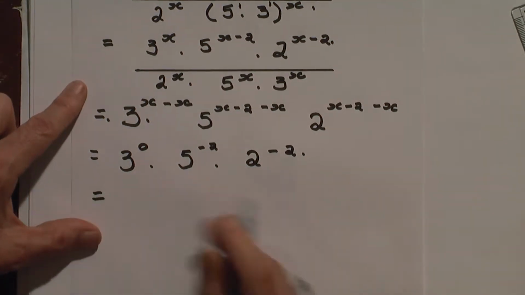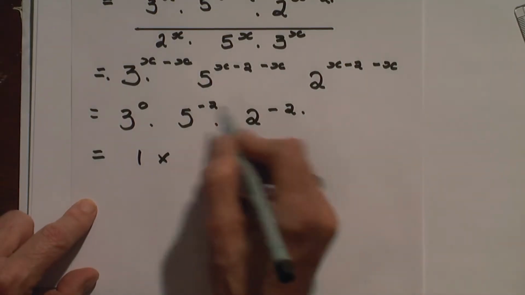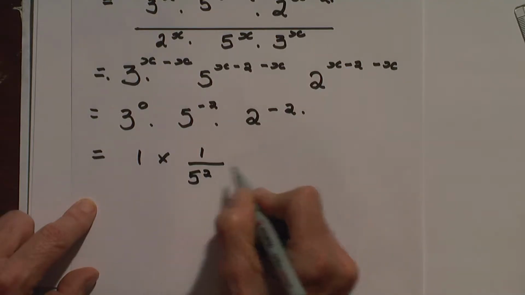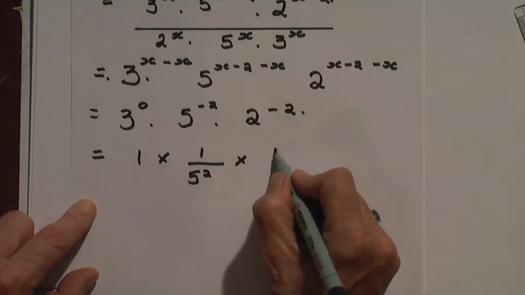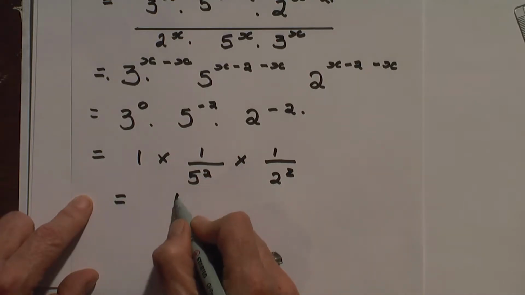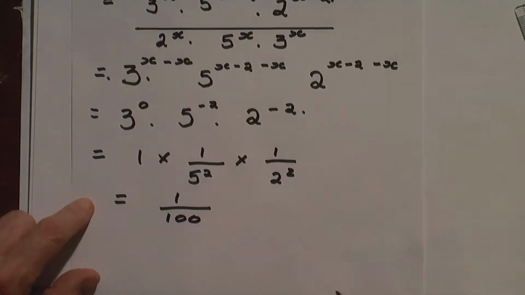Now, we're looking at everything I said to you a little earlier on. 3 to the 0, 1, multiplied by 5 to the negative 2, 1 over 5 squared. 2 to the negative 2, 1 over 2 squared, which gives me 1 over 25 times 4, which is 100. Right, happy. So that is exponents. That's the sort of question you might get in exponents using the rules.